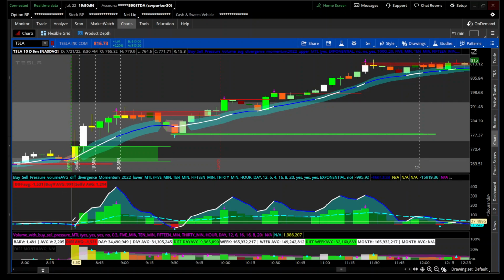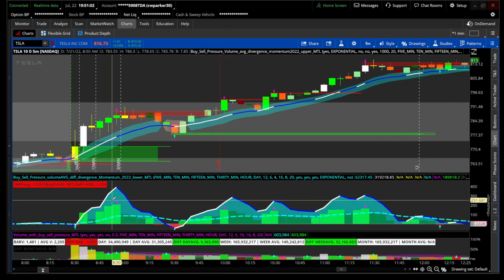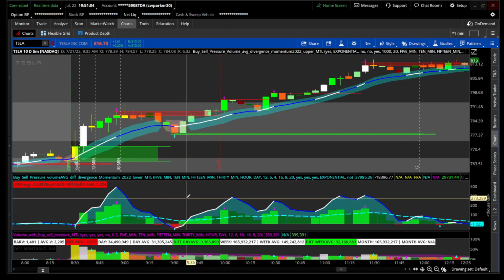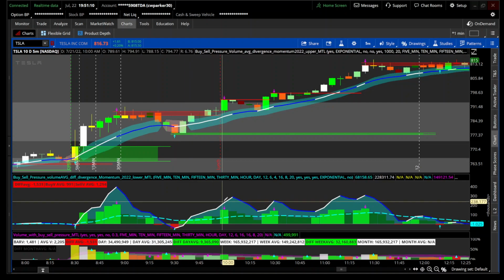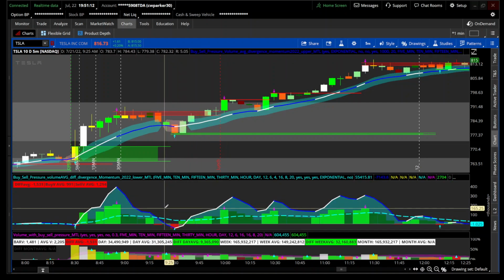If buying volume is increasing, the momentum line would continue to push up, and it'll just keep adding the difference between buying and selling from the previous candle to the current candle, and that's where you get the momentum line.